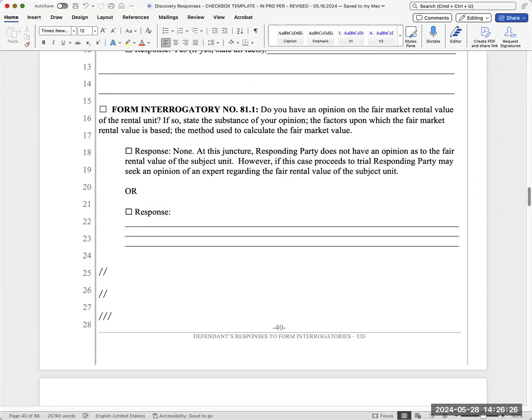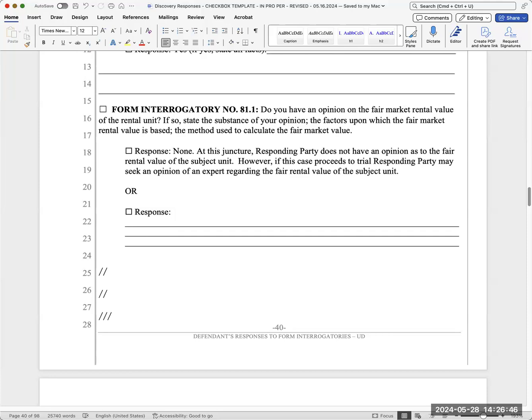81.1. Do you have an opinion on the fair market value of the rental unit? If so, state the substance of your opinion, the factors upon which the fair market value is based, and the method used to calculate the fair market value. This question is designed to be answered by an expert on fair market value.